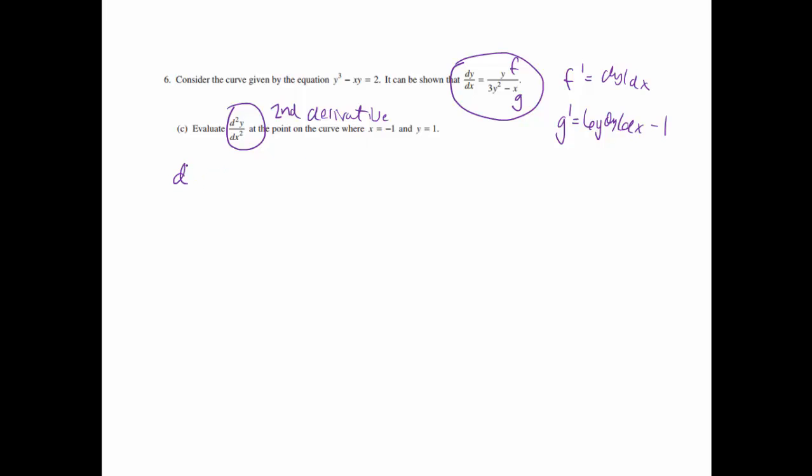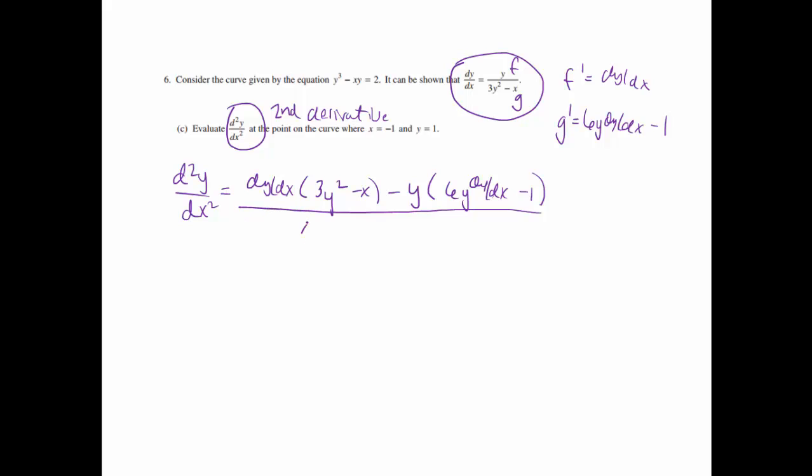All right, so now I'm going to have d squared y/dx squared is equal to f prime times g, so dy/dx times g, minus f times g prime, all over g squared.